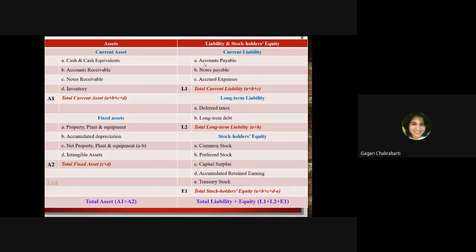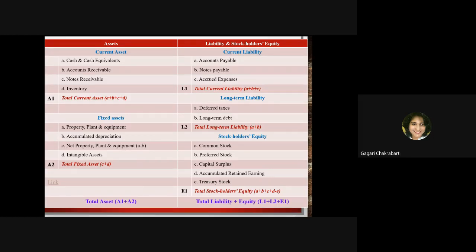Then notes payable. Notes payable is the same thing as notes receivable. As far as I understand, the accounts payable and notes payable differ in terms of the associated interest payment. So notes payable will be basically the short-term obligations associated with interest payment. Now, accrued expenses.